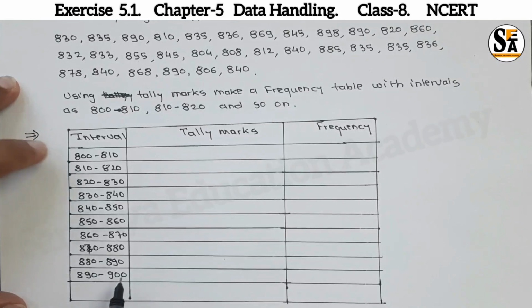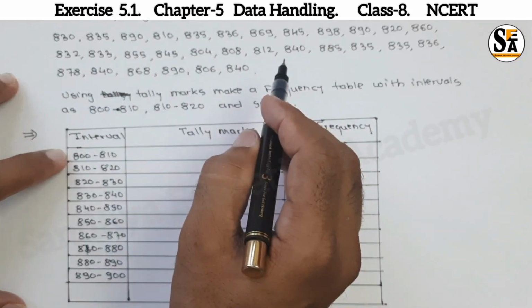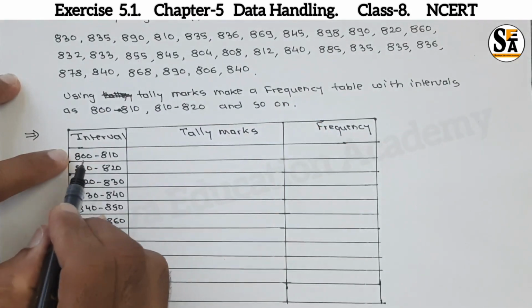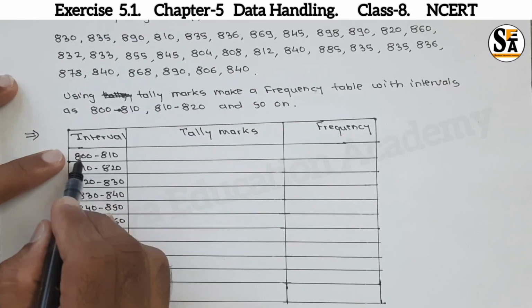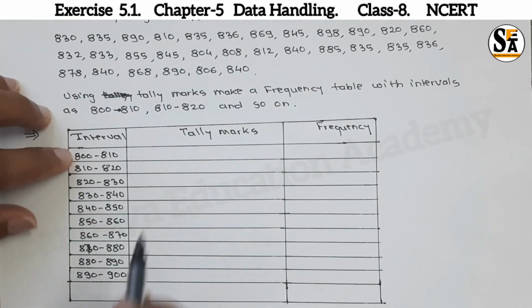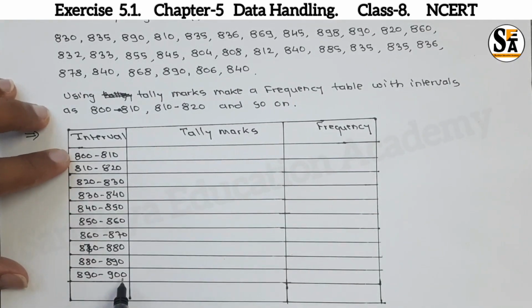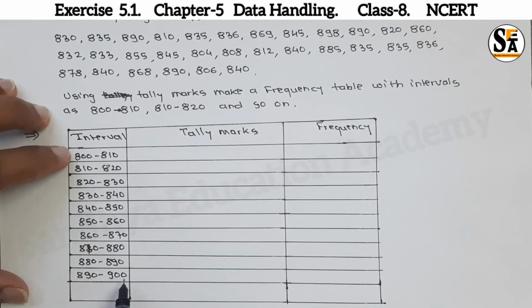This is the total span, 800 to 900, and in this span there are the entries. So we have taken this interval of rupees 10, 800 to 810. There is no entry below 800 and no entry beyond 900. So we can cover all the entries in this span.